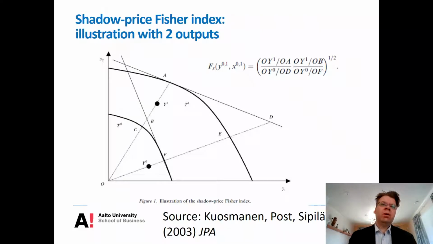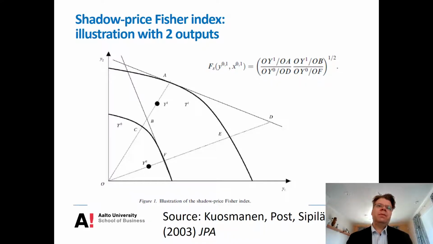So we could project from y1 to this point B, and this is the numerator of the second ratio indicated in the formula. And similarly, we can compare the quantities of the base period, so y0 to the iso revenue line of the base period. So project this y0 to point F. So this example is illustrated in this formula also on the top of this slide.